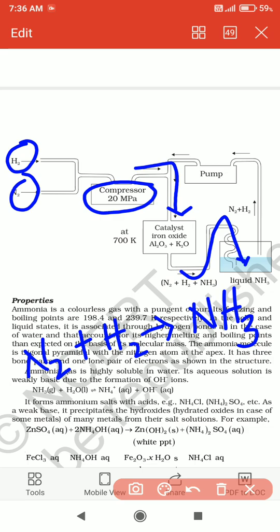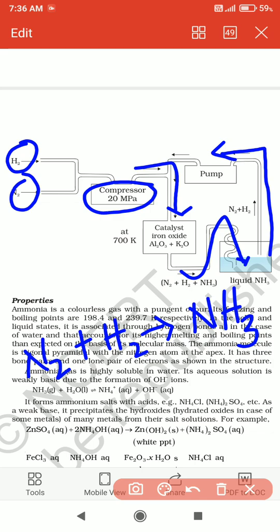And along with the liquid ammonia, non-liquefied gases like nitrogen and hydrogen will be there. Those gases move in the upward direction and enter the pump.